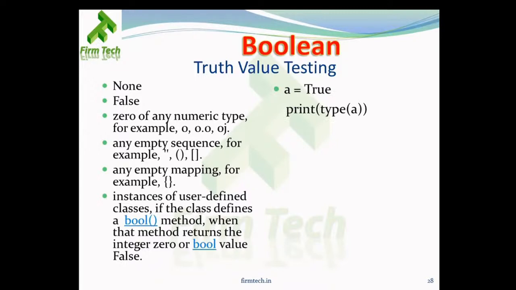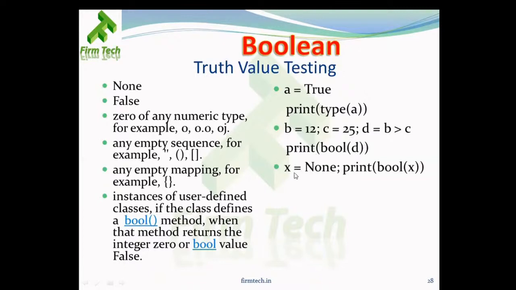Here A is assigned with true, and print of type of A will give you boolean, and print of bool of A will give you true. And B is assigned with 12 and C is assigned with 25, and D is written as B greater than C. And print of bool of D will give you false, as B is less than C. And here X is assigned with none, and print of bool of X will yield false.